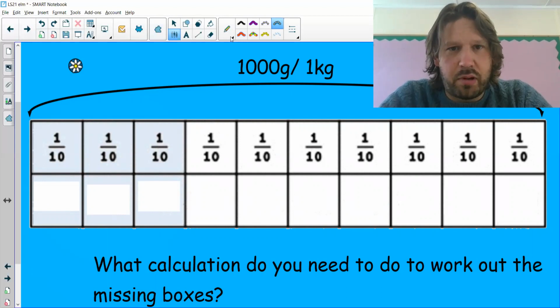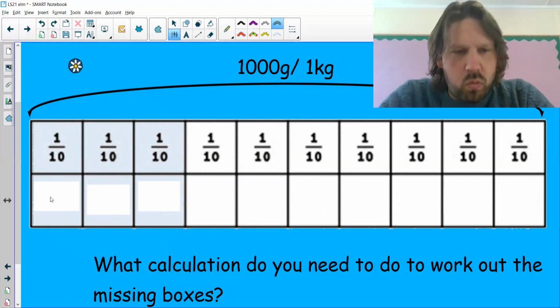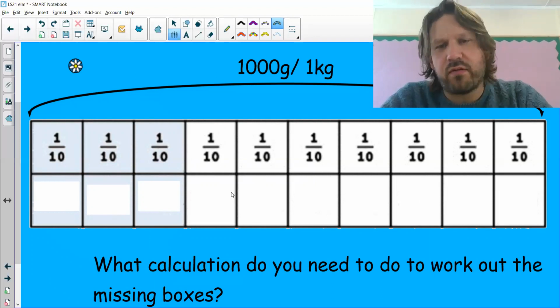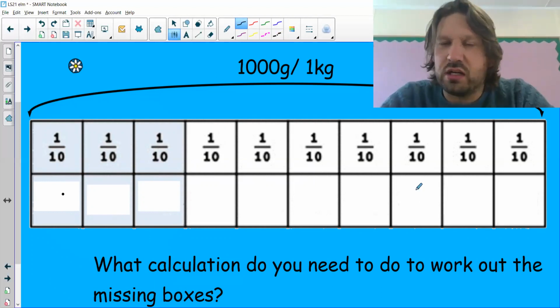Goodness me, don't you love it when a plan works? You do 1, 2, 3, 4, 5, 6, 7, 8, 9, 10, 11, 12, 13, 14, 15. You could keep going until you got to 1,000, which is fine.